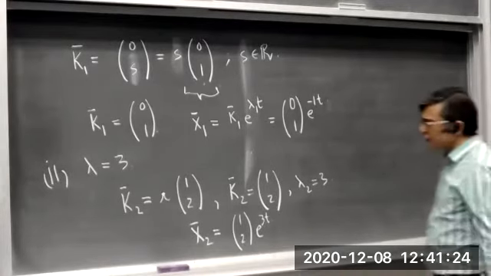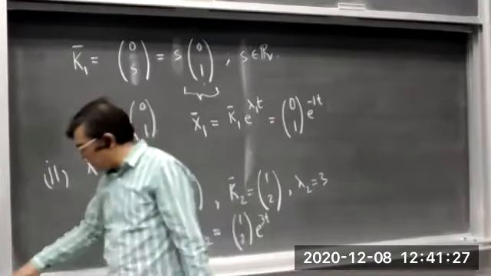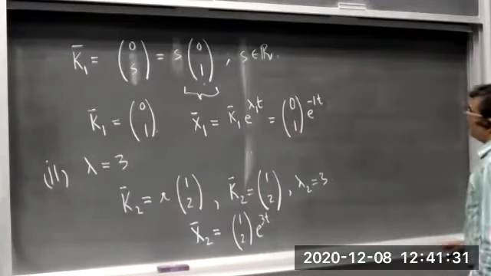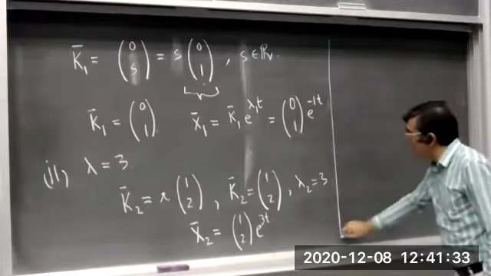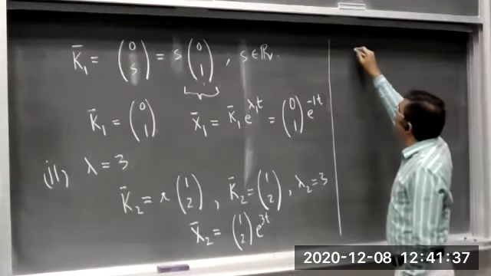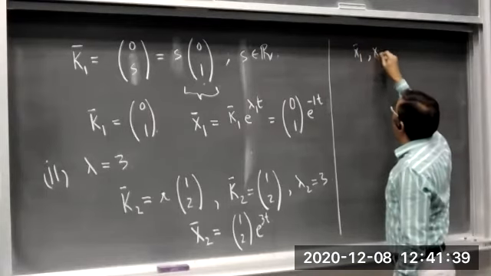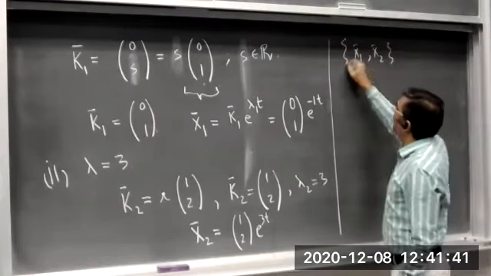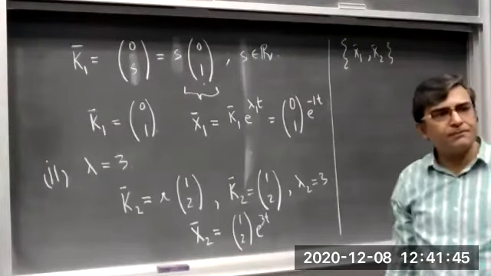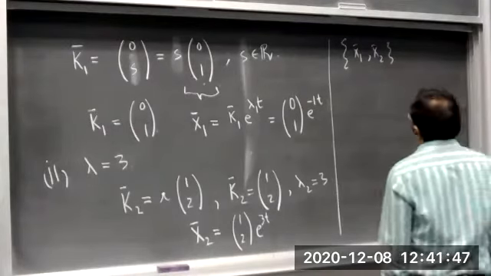Now, corresponding to two eigenvalues, we obtain two eigenvectors. So what we are going to check now, we have two solutions, okay? The two solutions, x1 and x2, we are going to check whether they form a fundamental set of solutions or not.